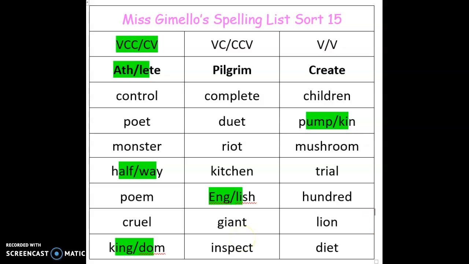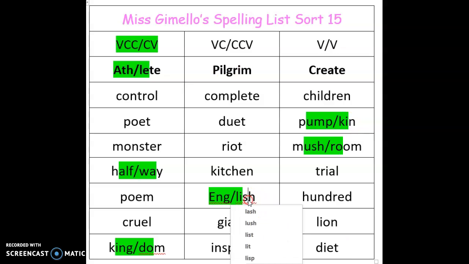And then we have mushroom. We split it down the middle, mushroom. I find my first vowel, a vowel, consonant, consonant, my split, then a consonant vowel. And I can tell that that pattern matches because I see my syllables and then the patterns.